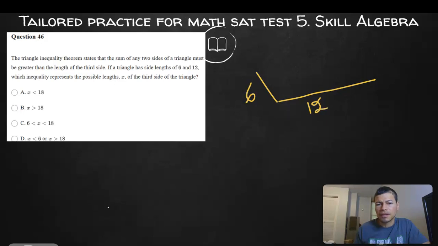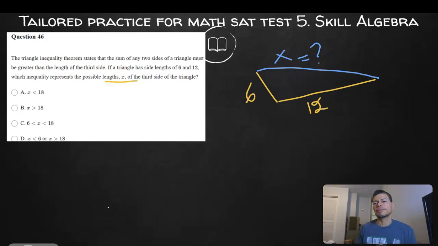The question says, which inequality represents the possible lengths x of the third side of the triangle? So how long can this third side be? And this is x. Okay, so we know that 6 plus 12 is 18, right?